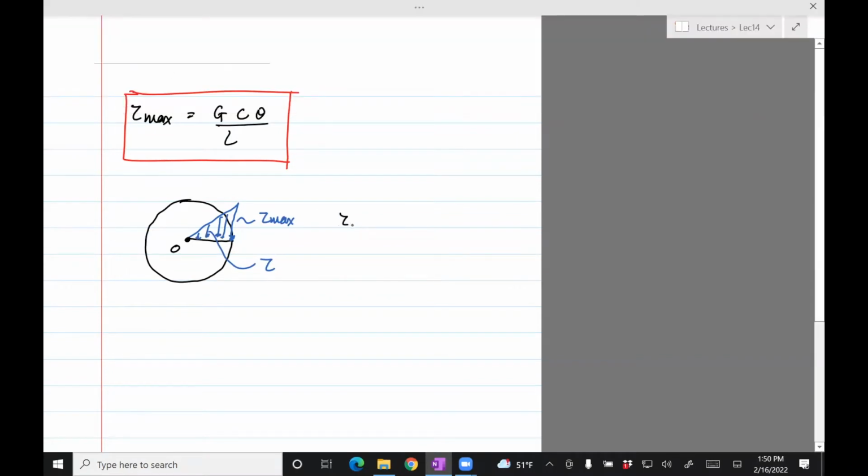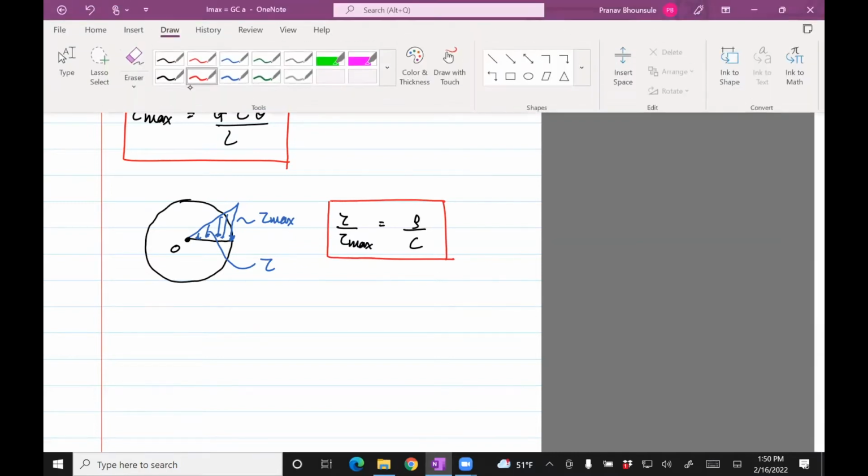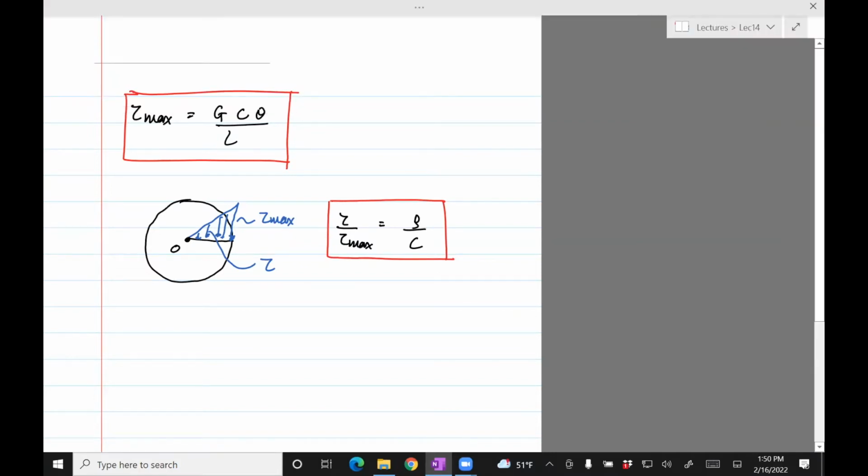So tau divided by tau max. You can take those two formulas I circled, and you can see that it is simply rho divided by C. So the shear stress varies linearly with distance from the center. Okay, one last thing and I'll let you go.